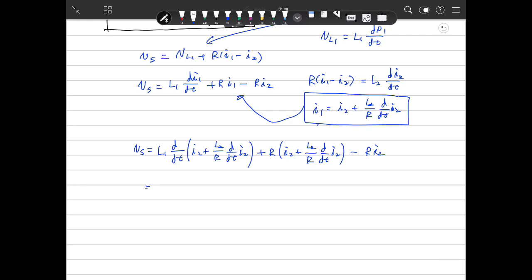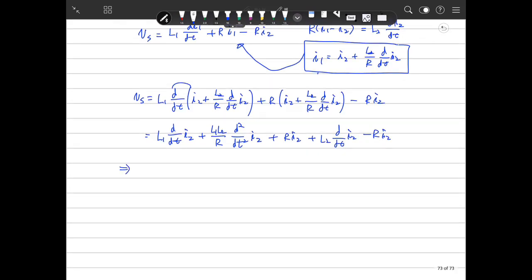We simplify a bit more here: L1 dI2/dt plus L1 L2 over R d squared I2/dt squared plus R I2 plus L2 dI2/dt minus R I2.